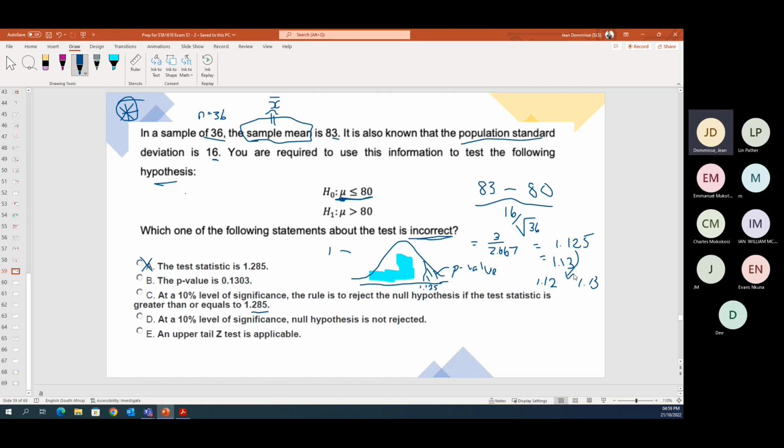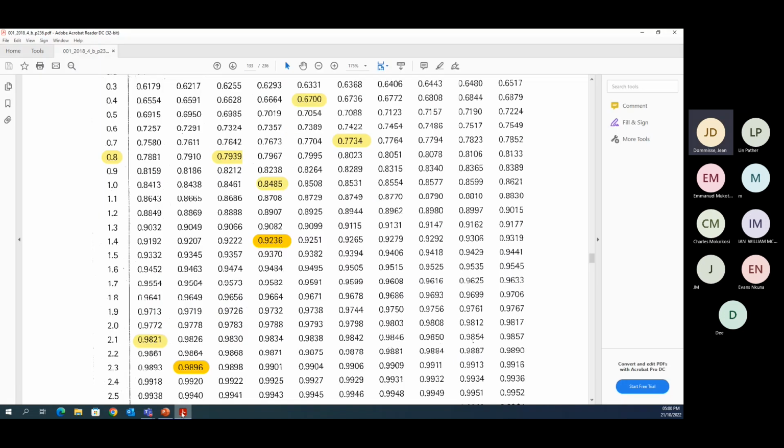So let's look at those two options and see if there is anything nice in the middle. Else you round it up. So 1.10, 1.11, 1.12, 1.13. So you can now see 8686. Let me just write it down.